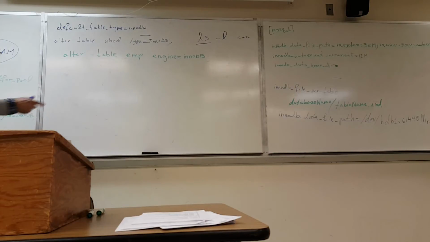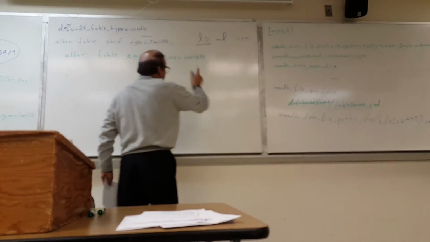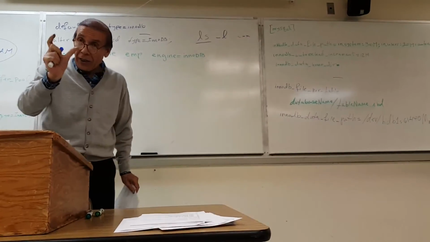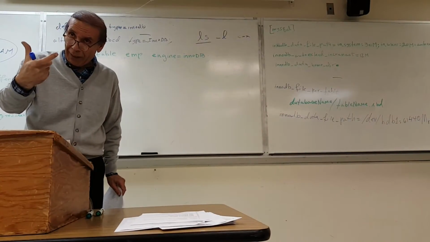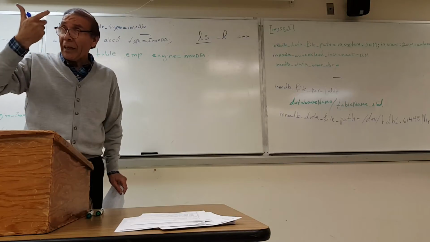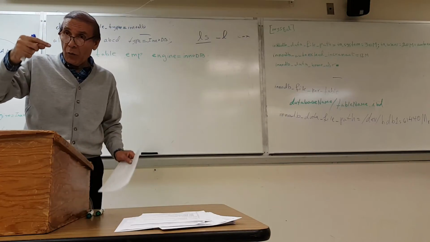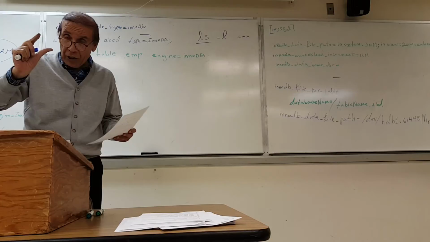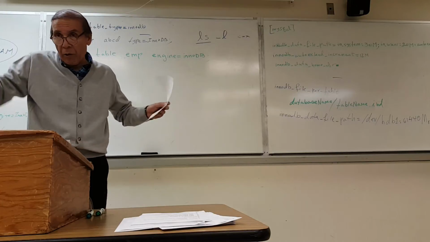So, use ls -l followed by the file name to calculate the size of your table space. This size should be converted to megs normally, because it may be smaller than a gig.